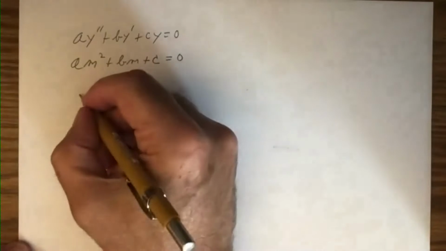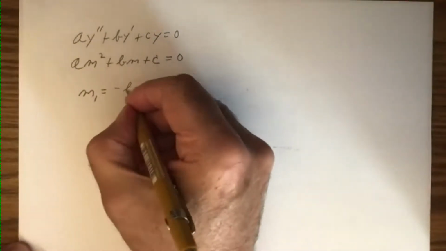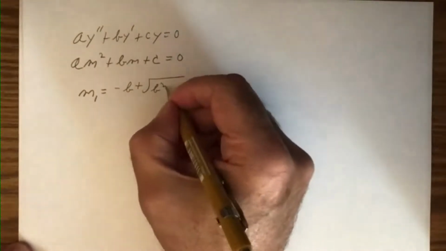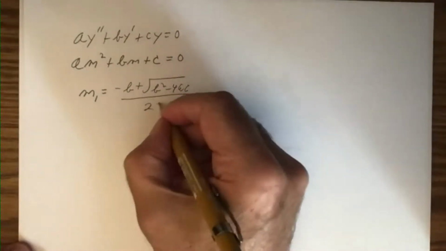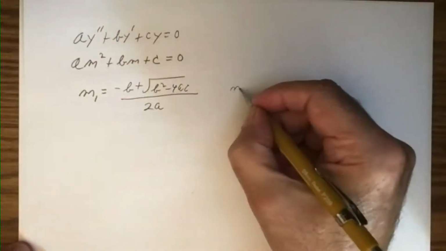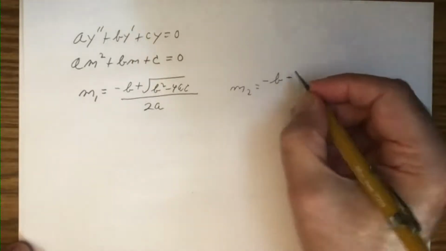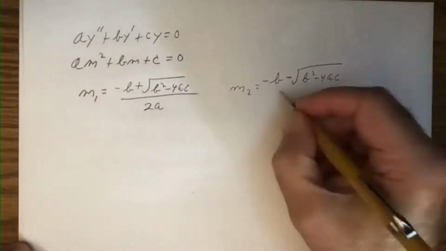We're going to have one root, minus b plus the square root of b squared minus 4ac over 2a, and another root would be with the minus sign. Here I get the plus, here I get the minus. Everybody knows the quadratic formula.